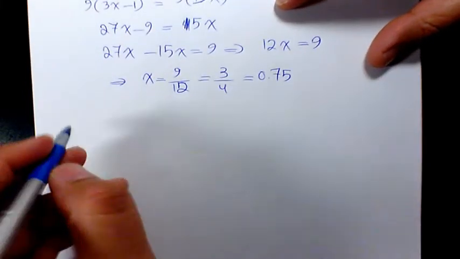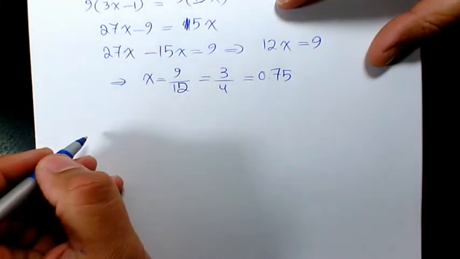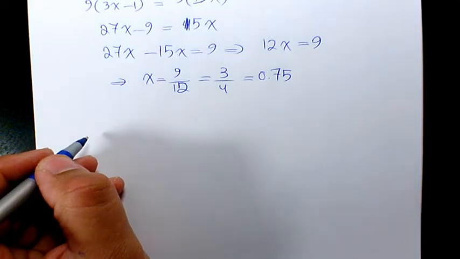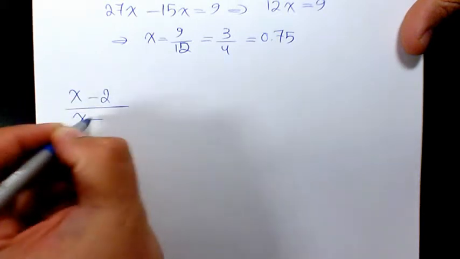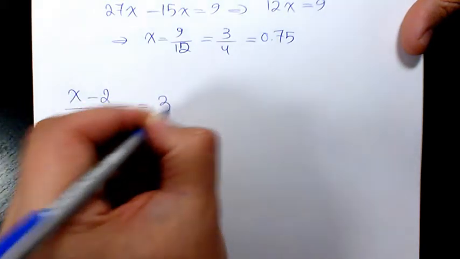Next one. It says x minus 2 over x plus 2 equals 3.